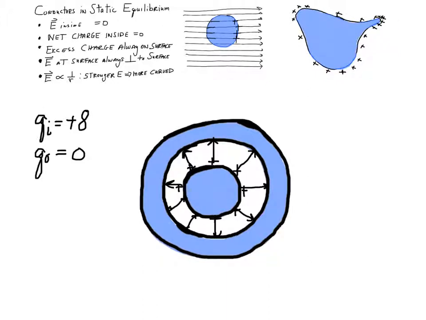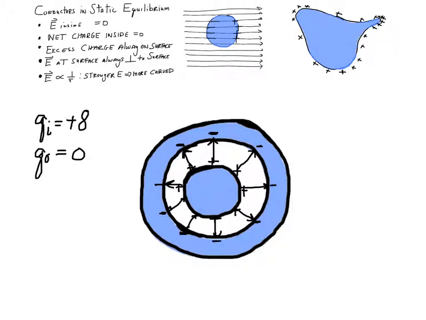But in order for a field line to terminate at the surface, if the field line went through, a free electron inside the conductor would move here. And so in order for those to terminate, we have to have -8 charges. I'm going to put them a little bit inside so you can see them, but they're really on the surface. 8 negative charges would come here, because they're free to move, and that eliminates the field inside the conductor.